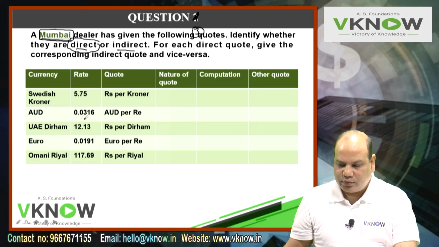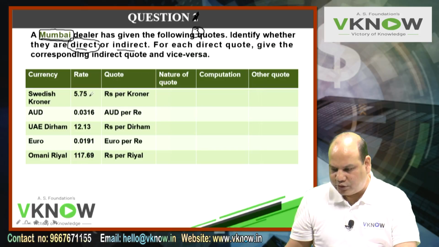The rates are 5.75, 0.0316, 12.13, 0.0191, 117.69. Then in quote write down rupees per kroner.